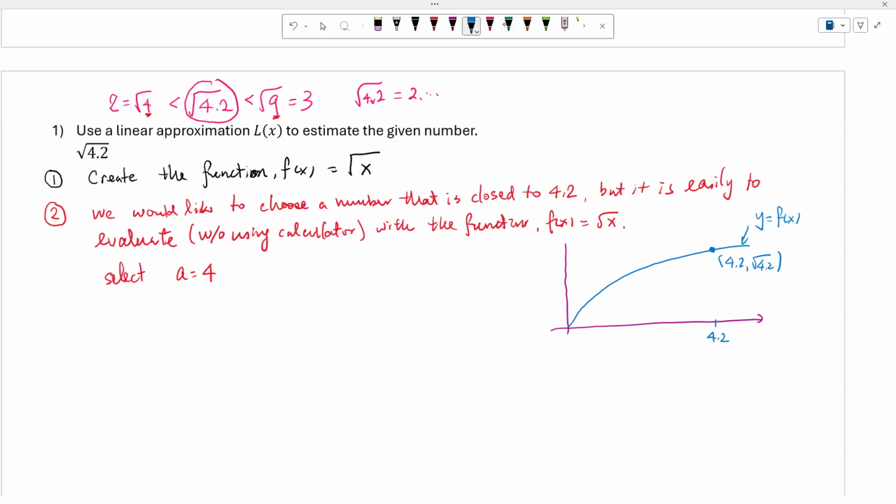And now I select the 4 right here. Then this is the tangent line, and eventually we will call this tangent line L of x, at x equal to 4.